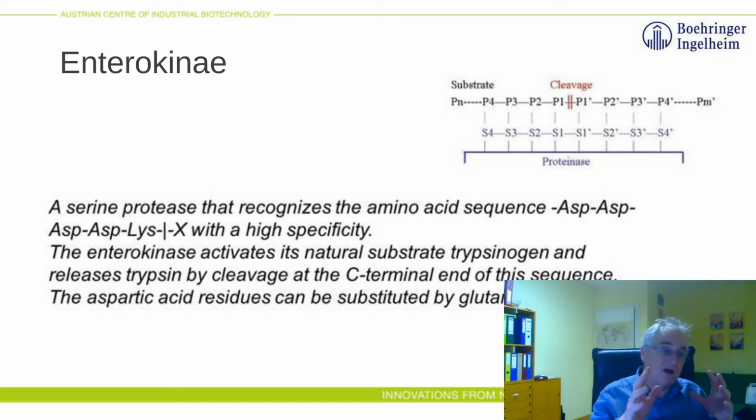So here you got an insight by reviewing these different proteases. There are a lot more. I could talk an hour just on these proteases which have been used for the cleavage of fusion proteins. But you get an insight how delicate it is and how difficult it is to generate an appropriate fusion protein system for large-scale manufacturing.